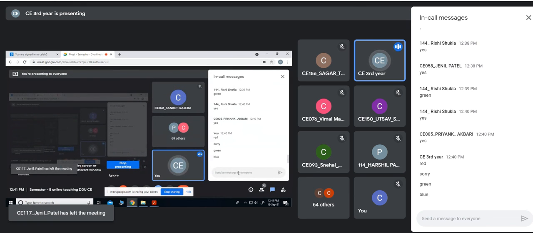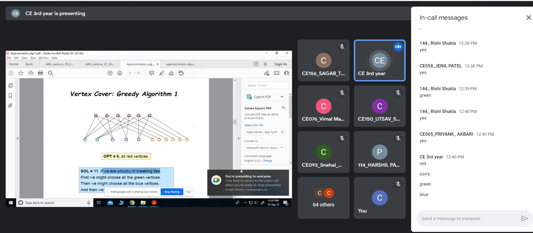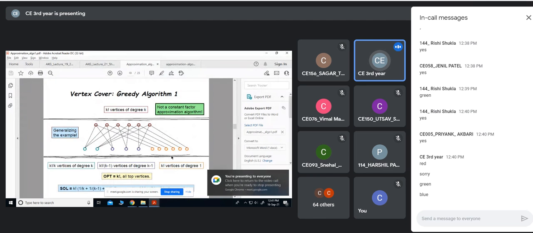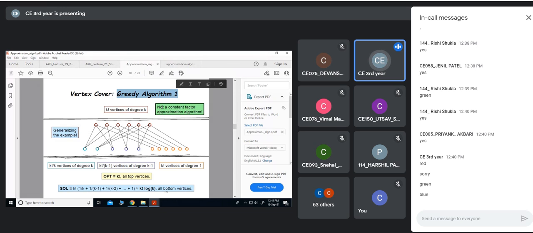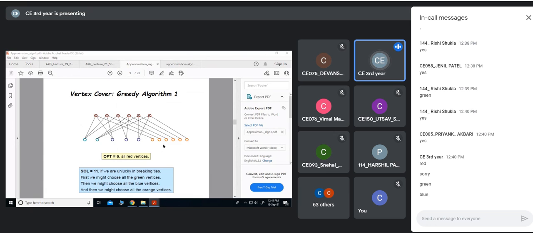My point is that the approximation ratio can be log of k, which we will see next time. This greedy algorithm for vertex cover is not a constant factor algorithm, but rather has a ratio of log of k.